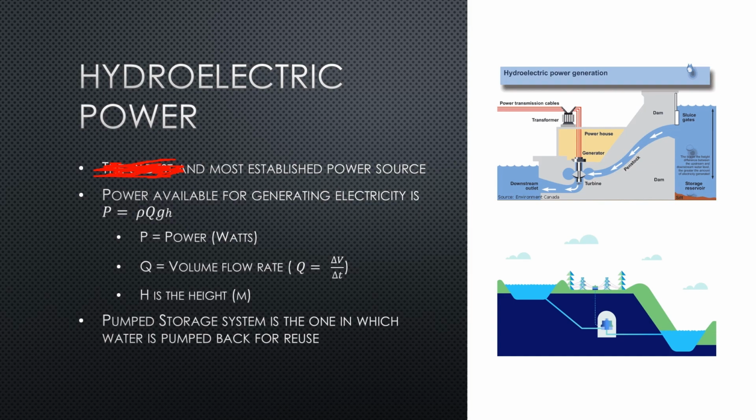And so as it flows downhill, it gains kinetic energy. The water has potential energy at one height, and it gains kinetic energy as it goes downhill. And this kinetic energy is utilized by the turbine to generate electricity. Now let's do a little derivation on how this works out.